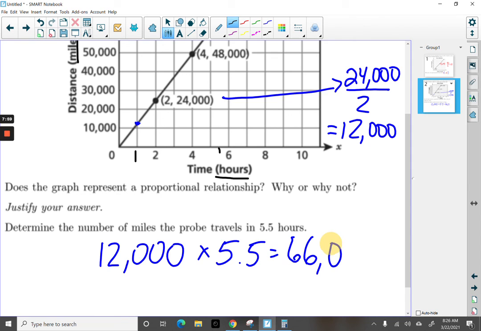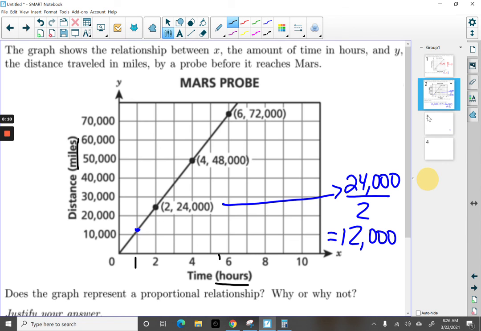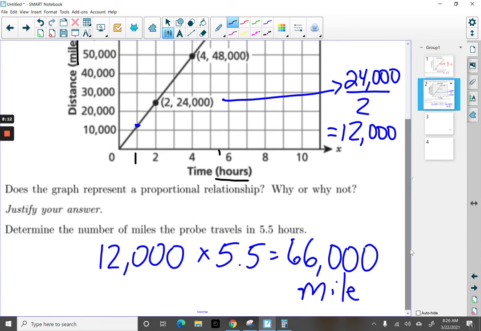So my guess wasn't even close right there. 66,000 miles is my solution. Whoops. Sorry about that. 66,000 miles. And that's it. All we need to do to solve this problem.